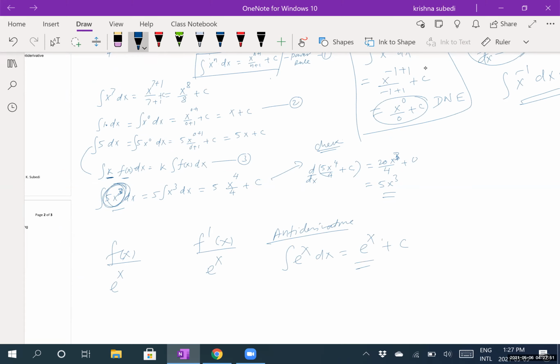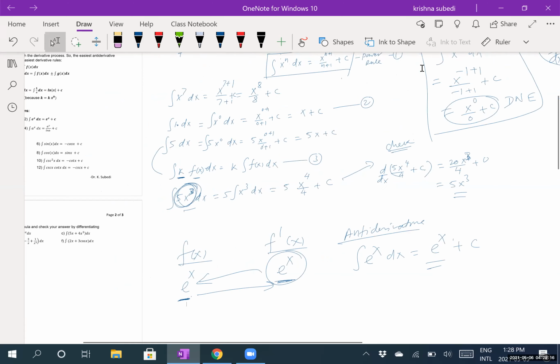In the same way, you can develop the formula. We have a function, find the derivative, and then when you find the antiderivative, you should go back to the same function. So that's how you can actually develop the formula by yourself. Even if you forget the formula, if you remember the derivative, you can always come up with the formula.